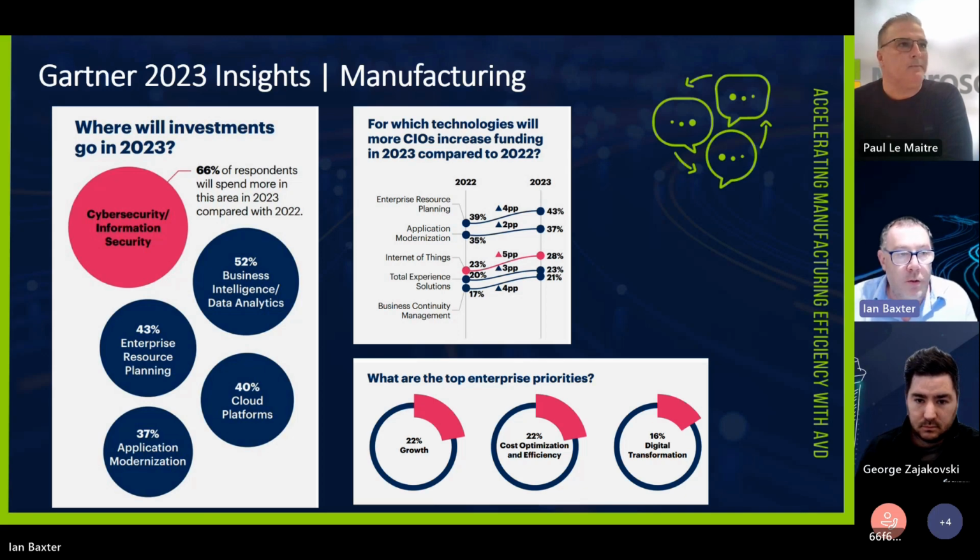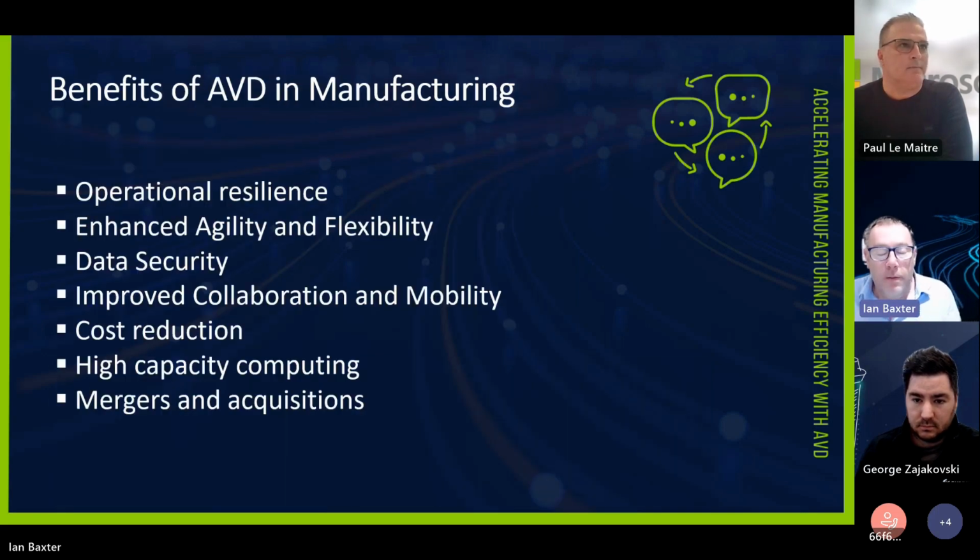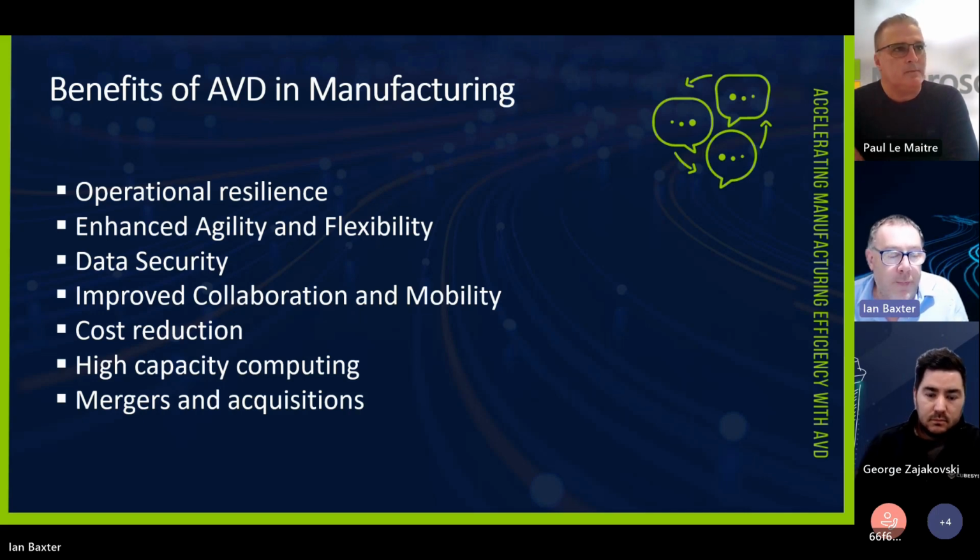Just moving on to a bit more detail of the benefits within manufacturing. I think I mentioned earlier about operational resilience. You're not reliant on tin, metal, air conditioning, power supply, all those elements which you normally have to deal with in a large VDI farm.